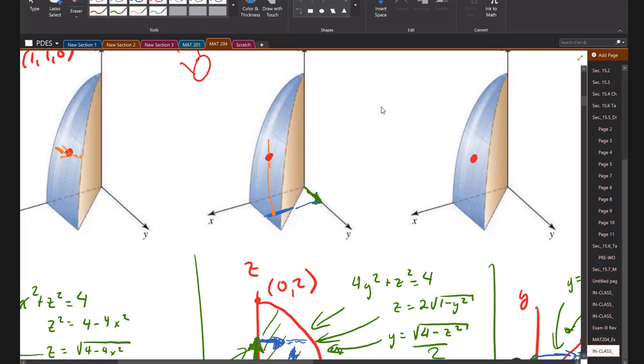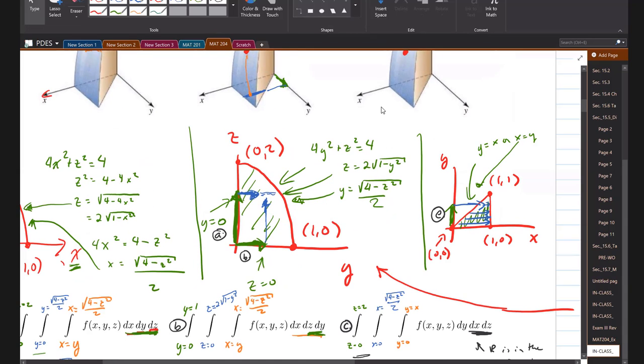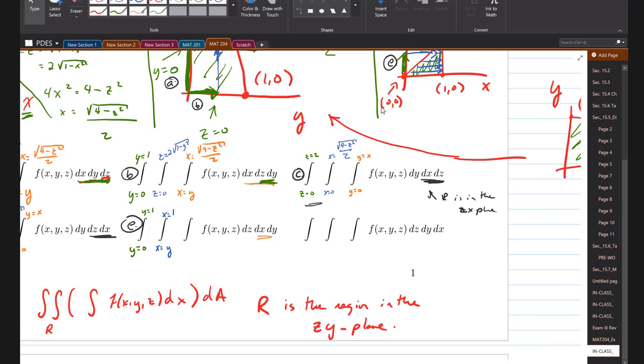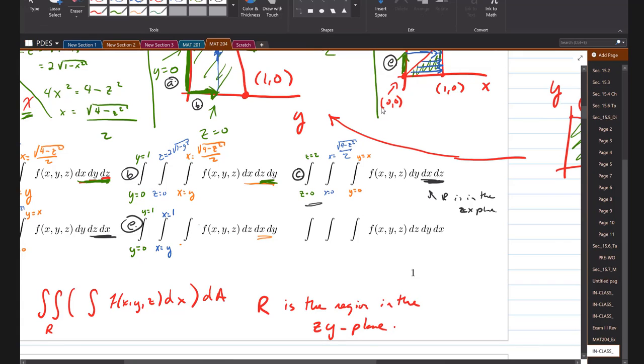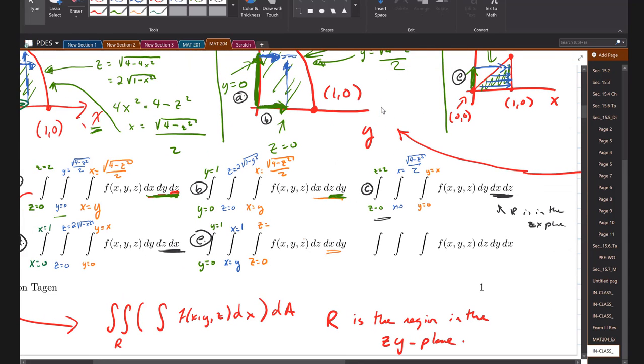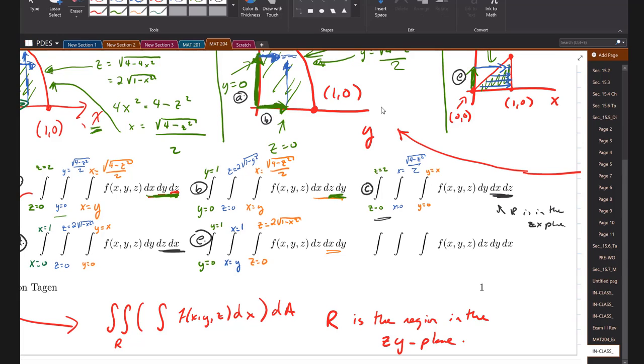So when do we hit the blue cylinder? Well, the blue cylinder values are going to start at z equals 0, and they're going to stop when we hit z equal to, and now we need to describe the cylinder in terms of x, because we've picked an x and y ordered pair.